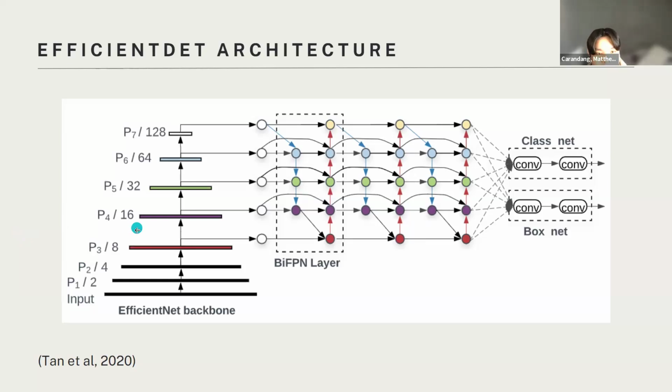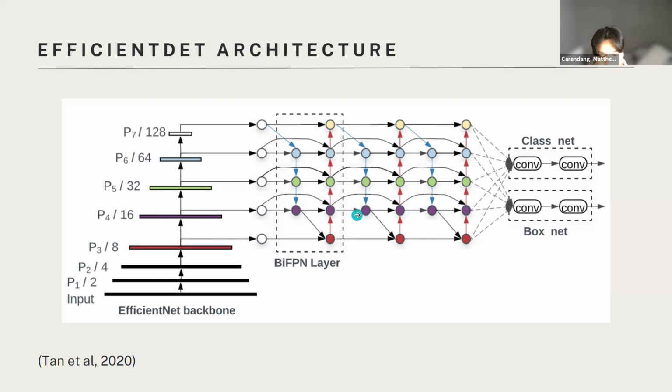But like SSD, it's also getting feature maps from different layers of the backbone. As we can see here, between P3 and P4, the feature maps get sent to the neck itself, which we'll talk about in a while. Between P4 and P5, the feature maps will also be used in the neck, and so on and so forth.